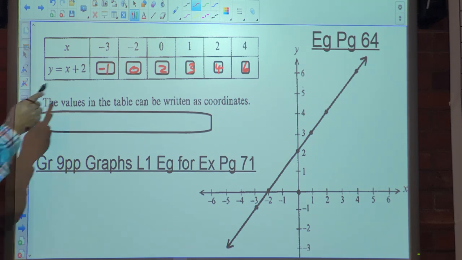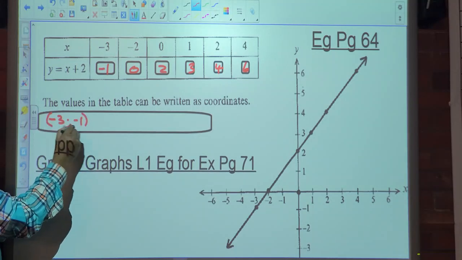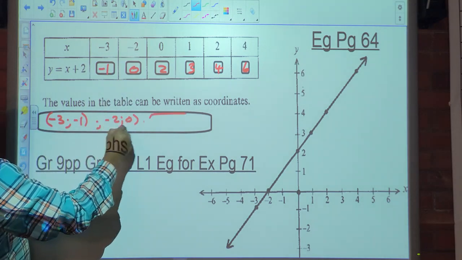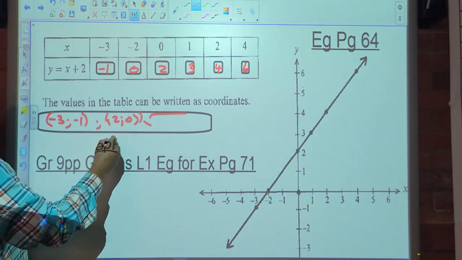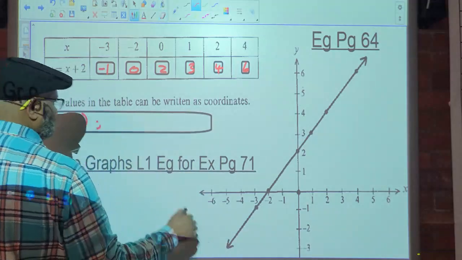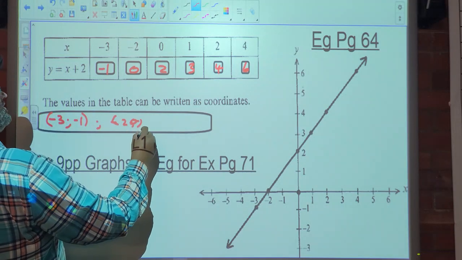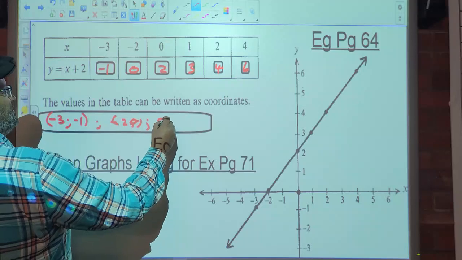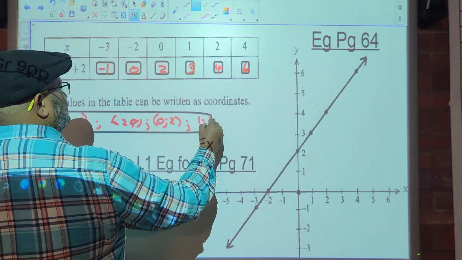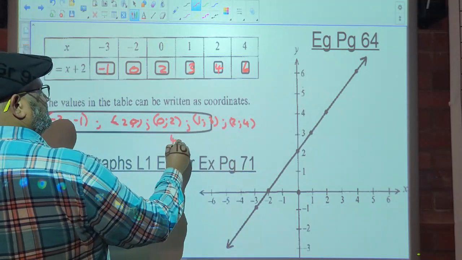If I look at the first point, -3 and -1 would be your one coordinate, followed by -2 and 0, followed by 0 and 2, followed by 1 and 3, followed by 2 and 4, followed by 4 and 6.